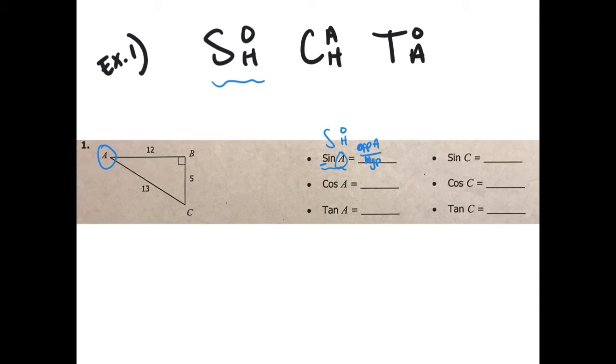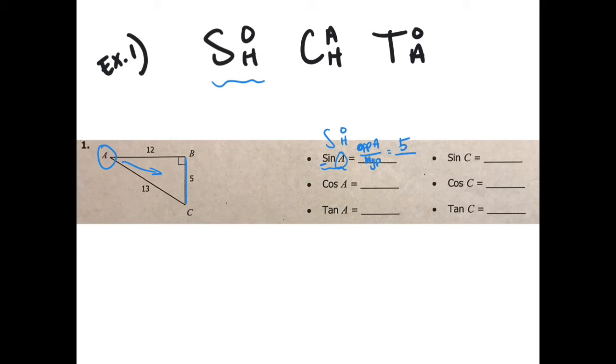So it's not 12 because 12 is the adjacent leg. It's not 13 because 13 is the hypotenuse. As you can see, the 5 is opposite the A. You can also tell because that length of 5 doesn't touch the A. Touches B, touches C. So that's the opposite. So the opposite is 5.